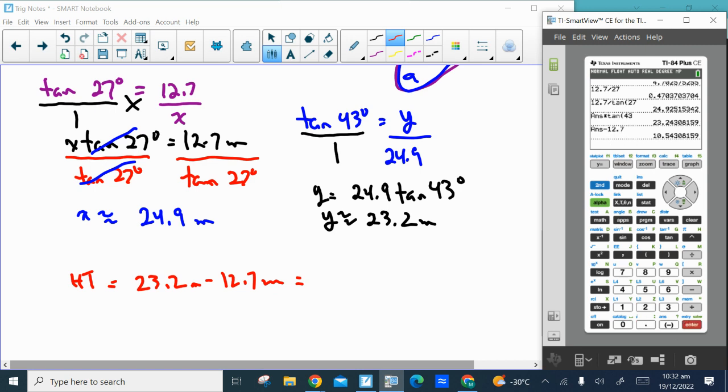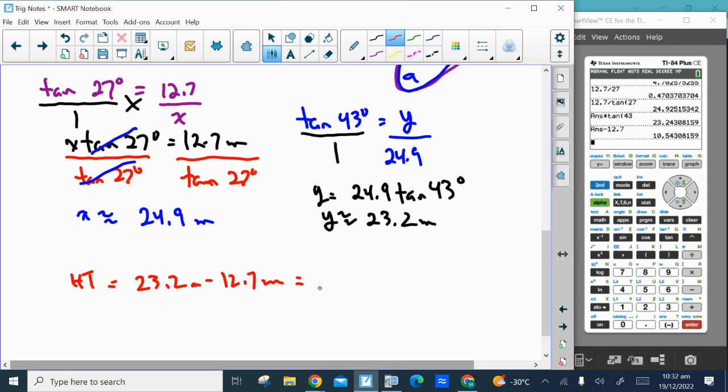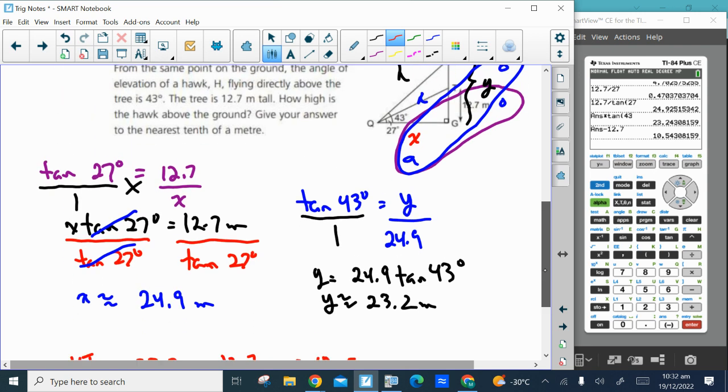Again, I've kept that entire decimal in my calculator, and that gives me 10.5 meters. How high the hawk is above the tree.